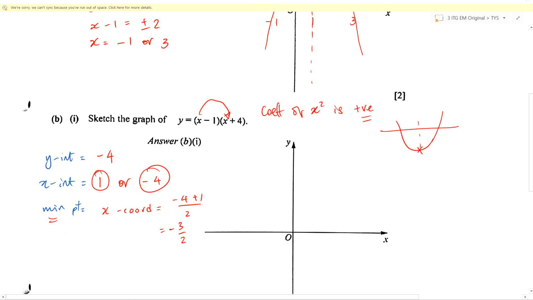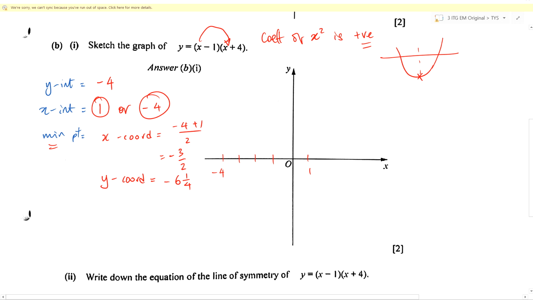Okay? So now we can find the y coordinate. Do your substitution, and you will find that it is negative 6 and 1/4. Label all these points on our x and y axes. The x-intercepts are negative 4 and 1 over here.